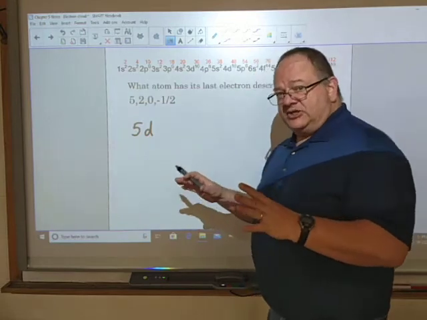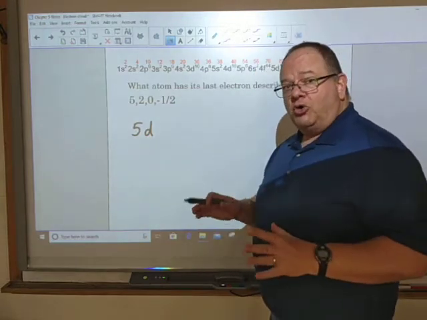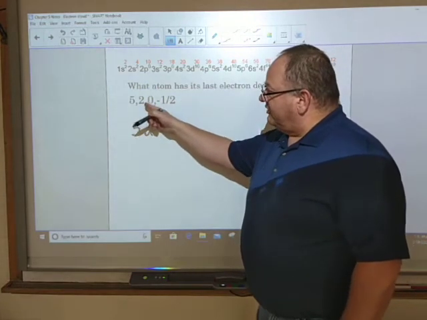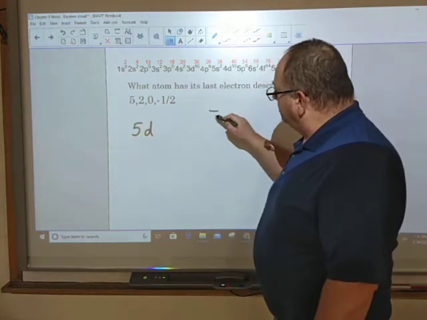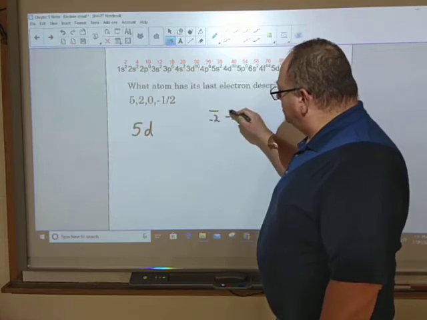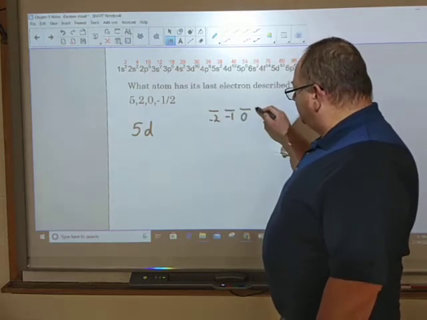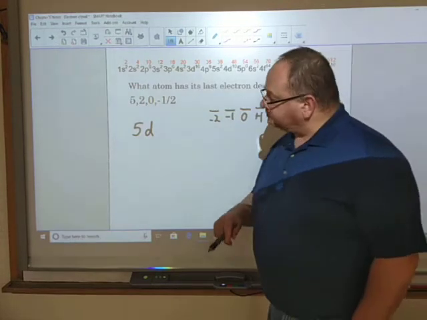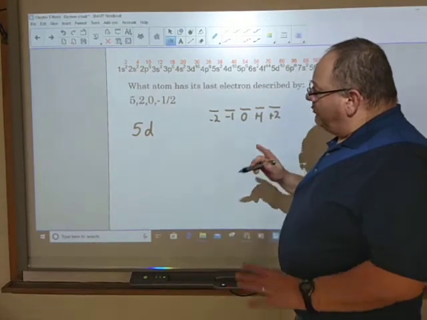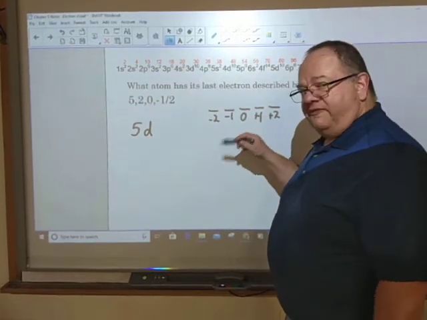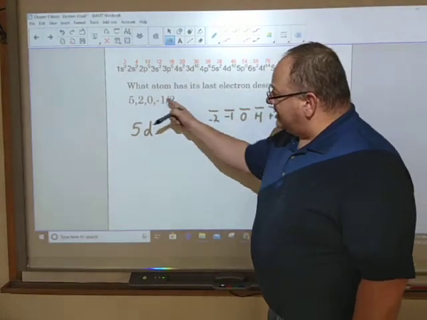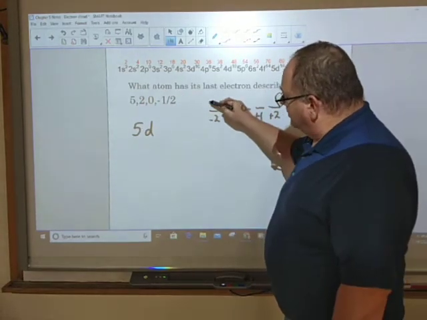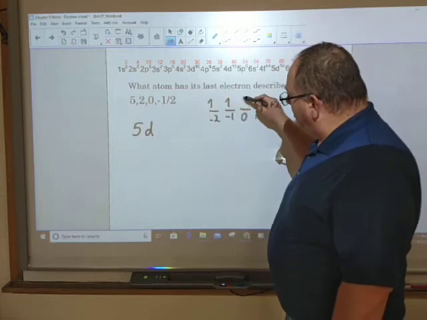When I get to the last two quantum numbers, I'm going to use my orbital notation. I know that in D sublevel there's 5 orbitals, ranging from -2, -1, 0, +1, +2. What I'm going to do is start filling electrons in until I get to this combination, until I get to the zero orbital with the minus 1/2. So I put one there, there, there.